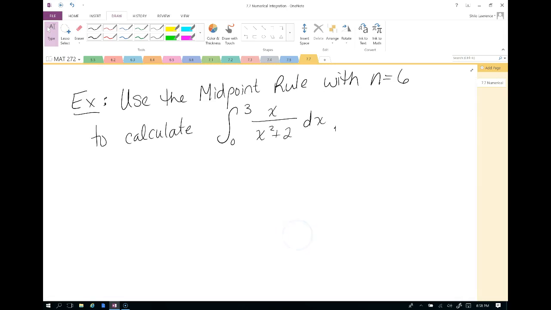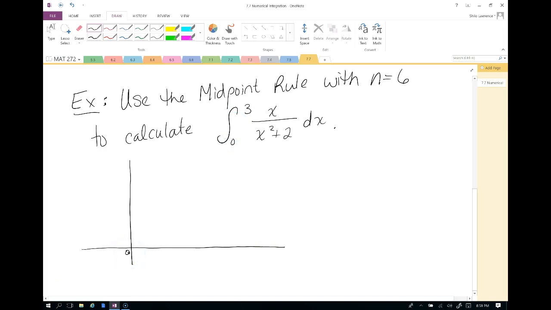So let's take a look at what this graph looks like. I want to do this one as accurately as possible. And we're only considering the interval 0 to 3. This graph does not have very much height to it.